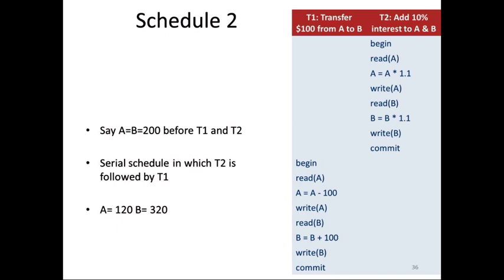Both are valid for comparison in our definition of serializability. So if we have a schedule that leads to 110 and 330, or if it leads to 120 and 320, that's fine. These are the acceptable results of any non-serial execution of transactions.